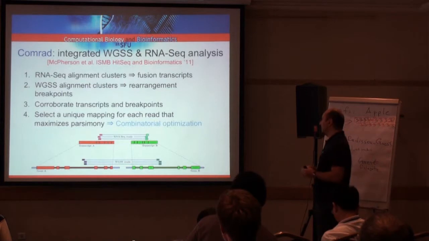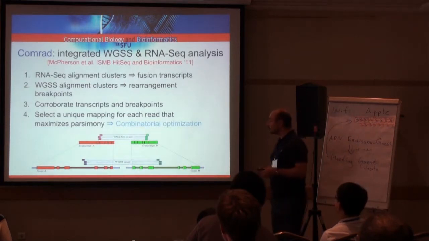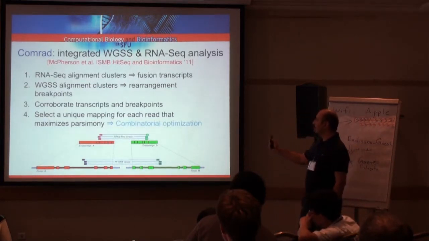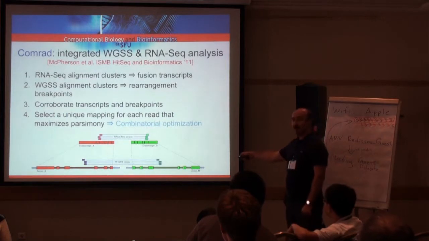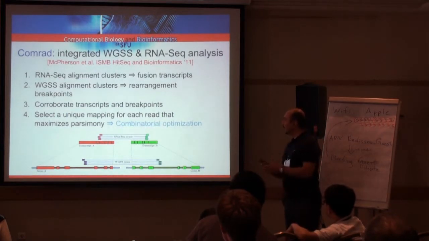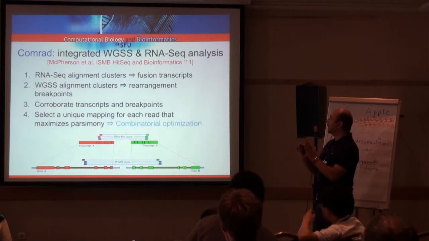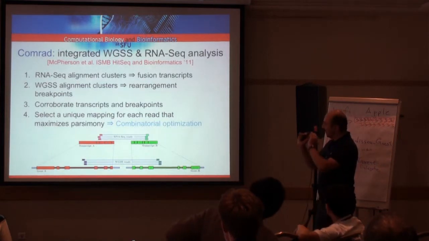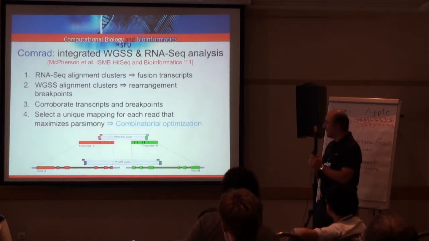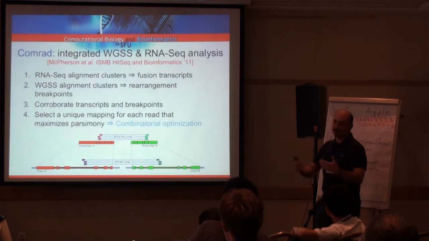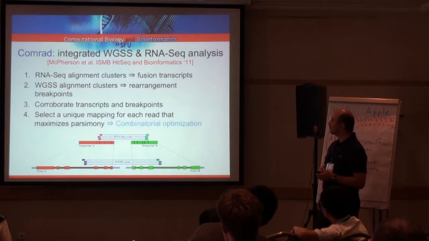It hasn't been totally mathematically defined. But once it's done, the goal is to find, again, in a maximum parsimony manner, the smallest number of fusions that can explain all the read data.